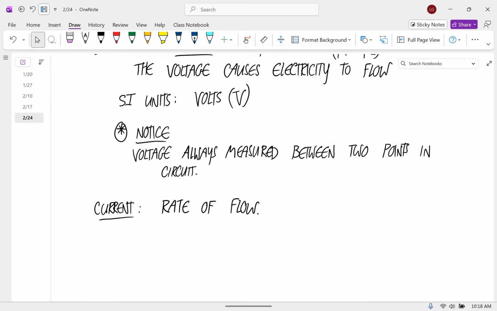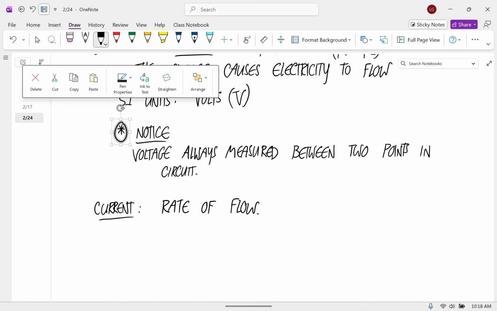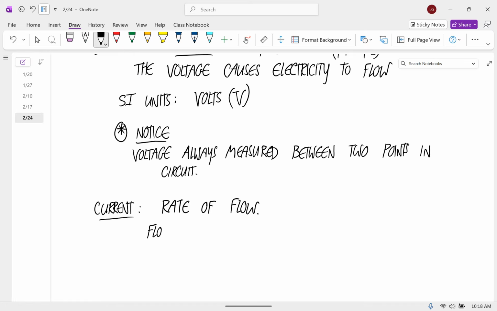And current is always going to flow from the higher electric potential toward the lower electric potential.